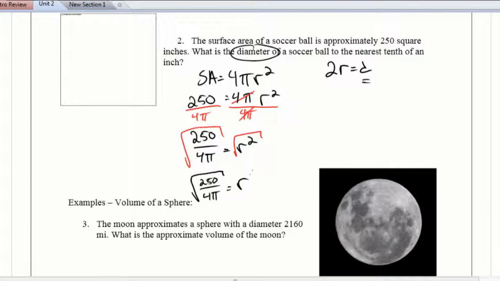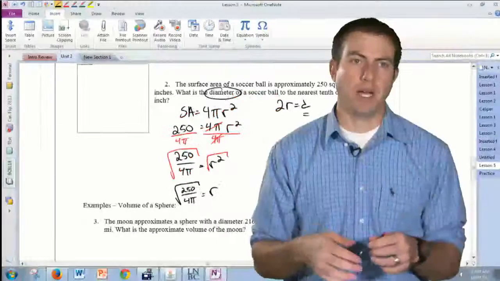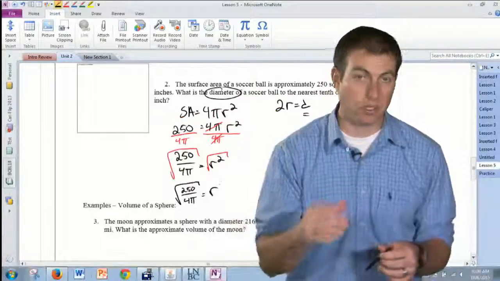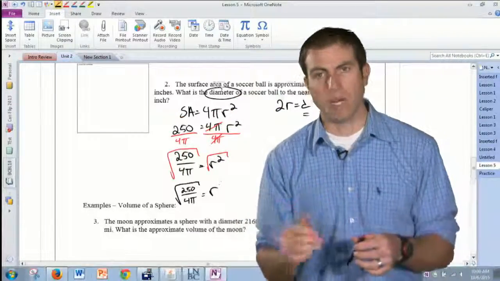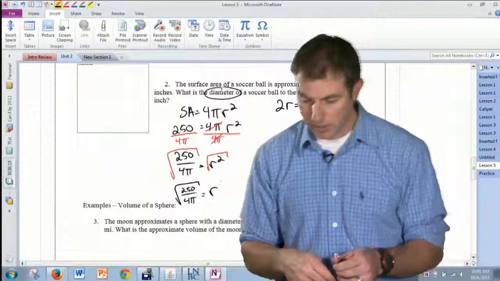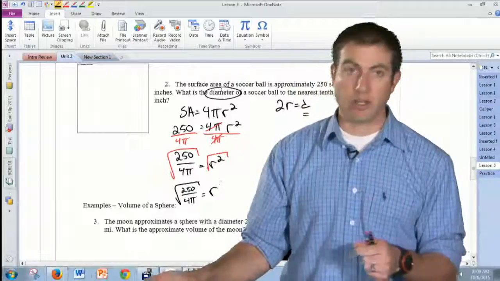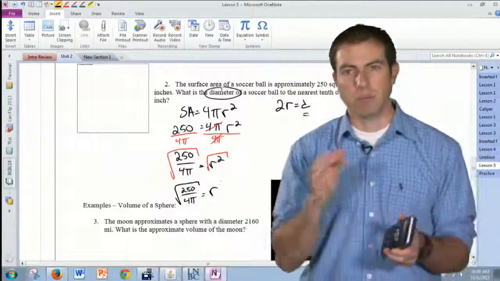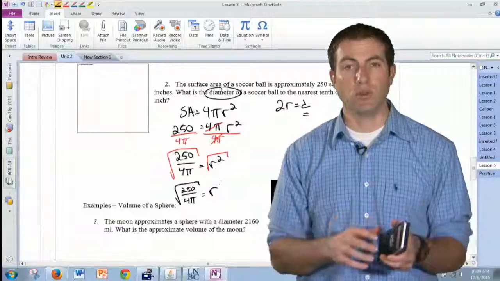Now, I've written it all as an exact value. I have the 250, I have the 4 and the pi, but at any point along the way if you wanted to actually calculate what 250 divided by 4 pi was, that's fine. I'm just going to do it in one step right now. In my calculator, instead of going square root and then 250 divided by 4 pi, my calculator is going to get a bit confused on the order of operations.